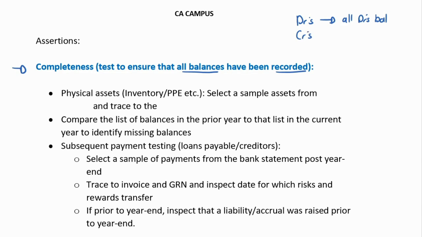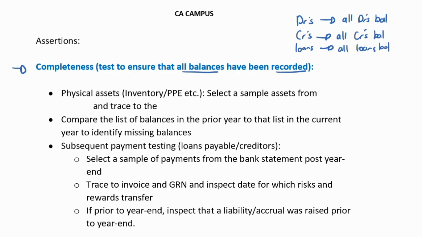Same with creditors. All the creditors balances that make up my total creditors or trade payables have been recorded. Same with loans. All the loans that make up my loans balance have been recorded. Okay, that's what I'm looking at.